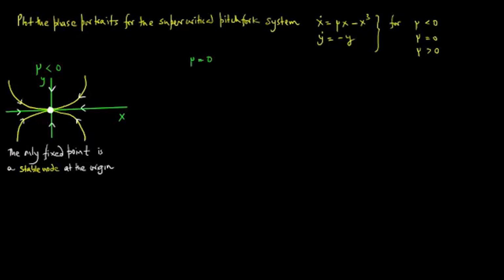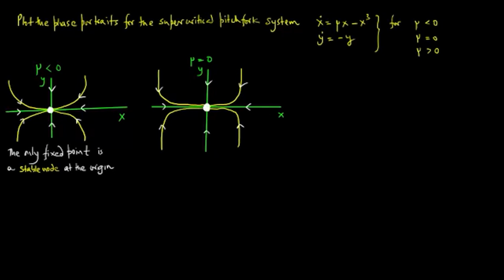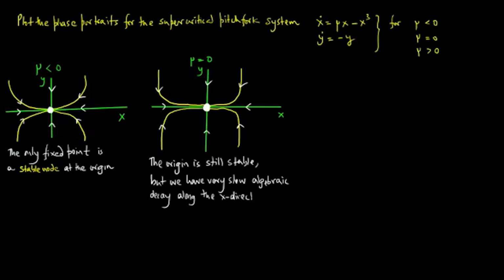With mu equal to 0, the origin is still stable, but we have very slow algebraic decay along the x direction instead of exponential decay.